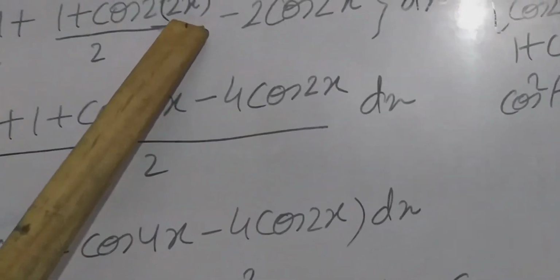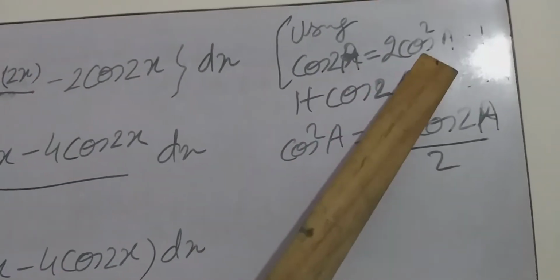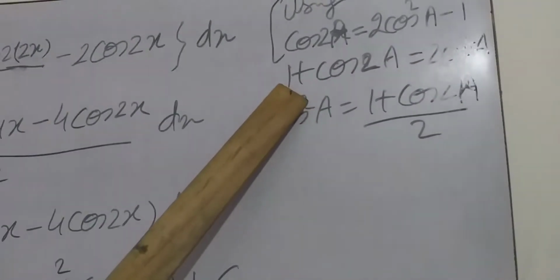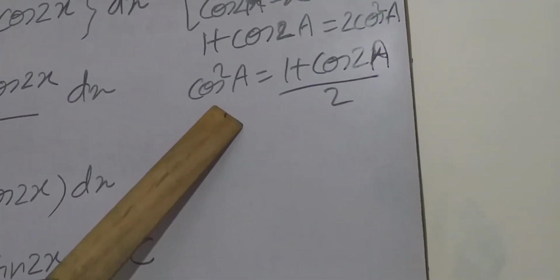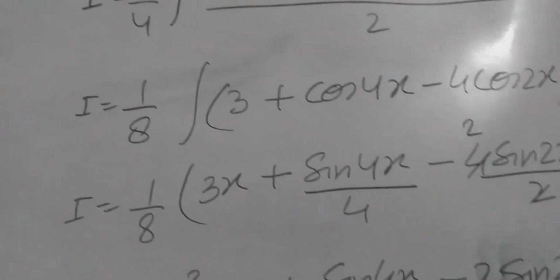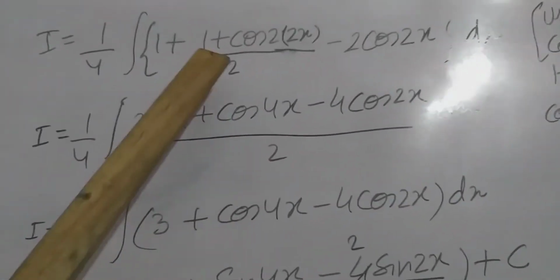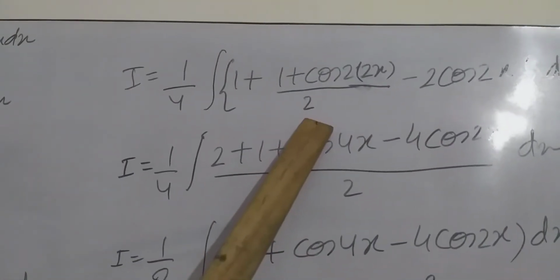At the place of x it is given here 2x. That's why we are going to write here cos 2x. Student, this formula we know that cos 2a equals 2 cos square a minus 1. So 1 plus cos 2a equals 2 cos square a. Cos square a equals 1 plus cos 2x upon 2. Okay. So that's why this formula is applied here. 1 plus cos 2x upon 2.